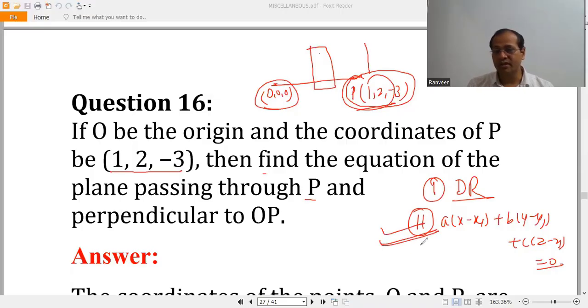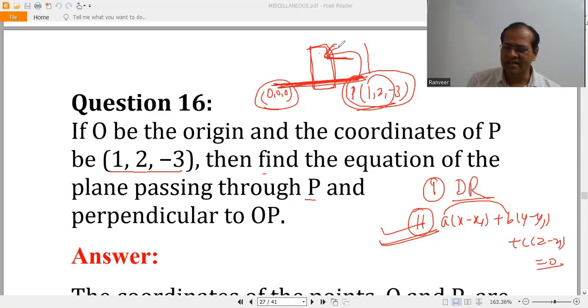After that, the most important thing is how to find the values of A, B, C. Just remember, when a plane is perpendicular to the line joining two points, whatever direction ratio we find for the line is also the direction ratio of the plane's normal. Always remember this, it is very, very important.